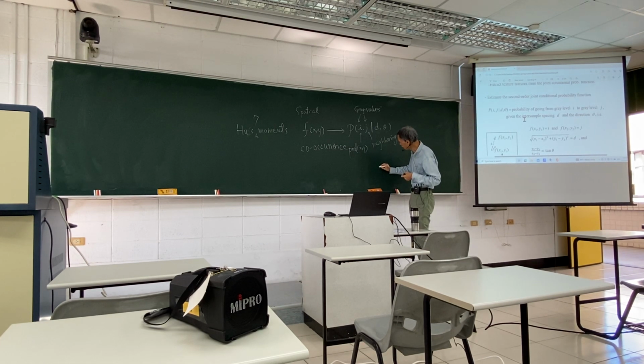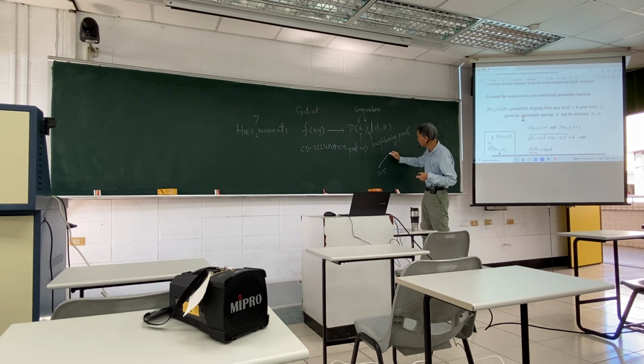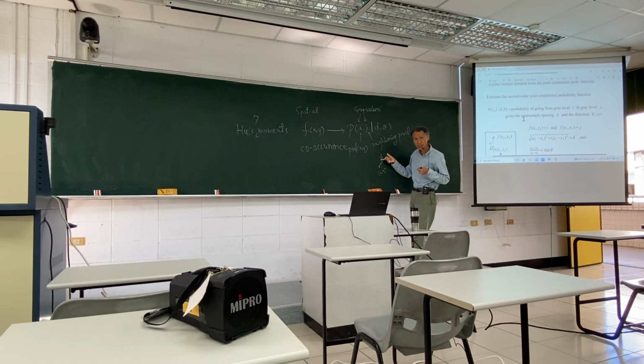So if this is x,y, given the condition, what condition? In direction and distance d. So d is the distance, which defines the neighboring point, and theta is the angle, the direction.